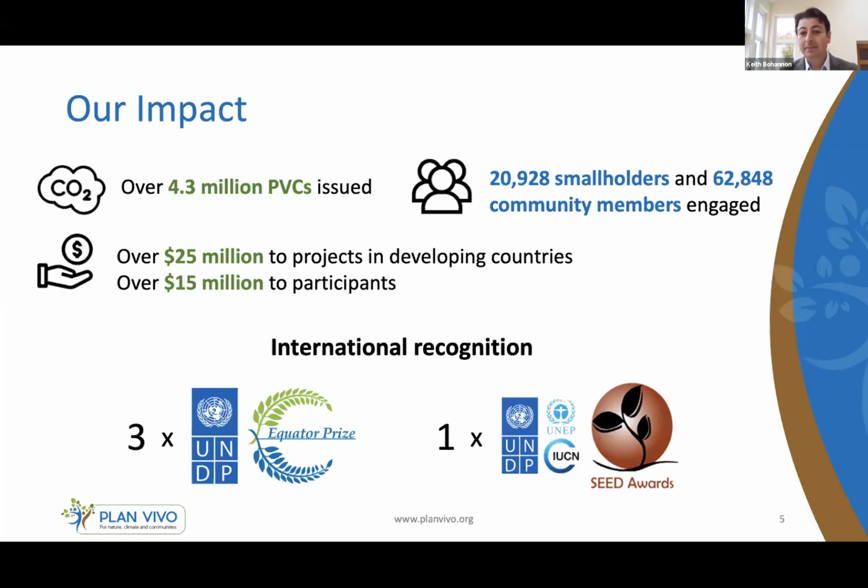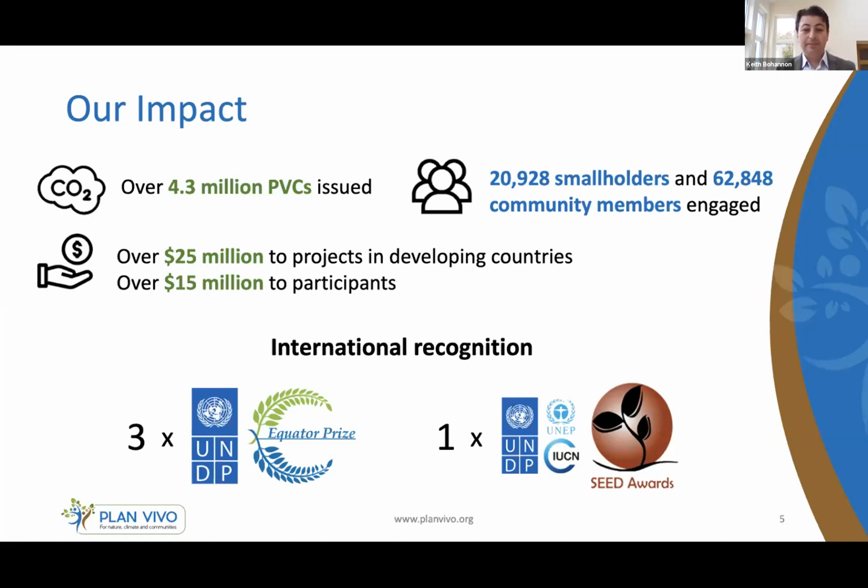Through that process, we're reaching over 20,000 smallholder farmers and engaging over 62,000 community members, spread across the world from Africa, Asia, Pacific, and Latin America. Through the projects, we've put $25 million into these projects in developing countries. And as mentioned earlier, 60% of that, which is $15 million, is going directly to participants.